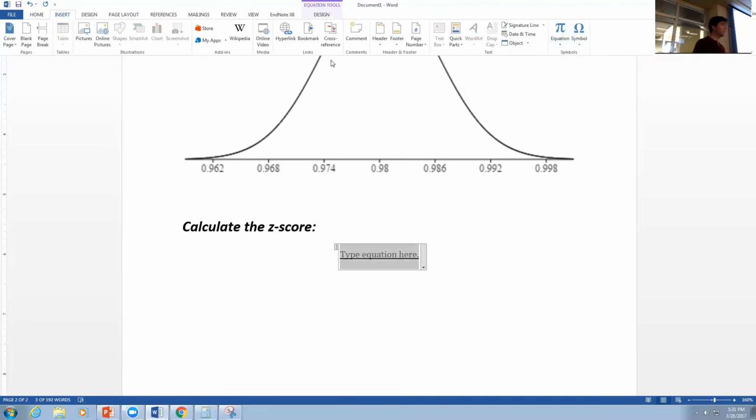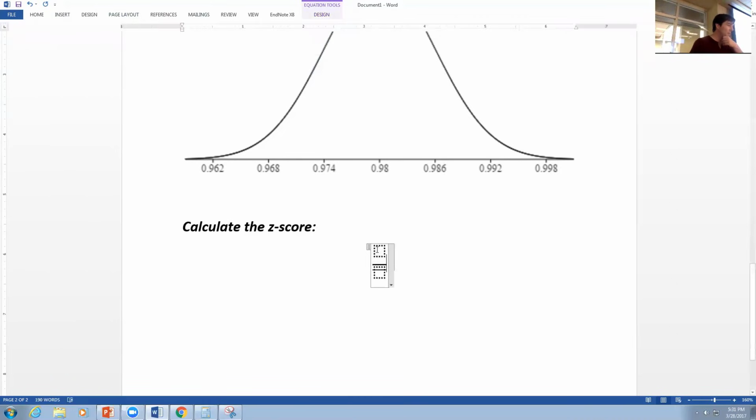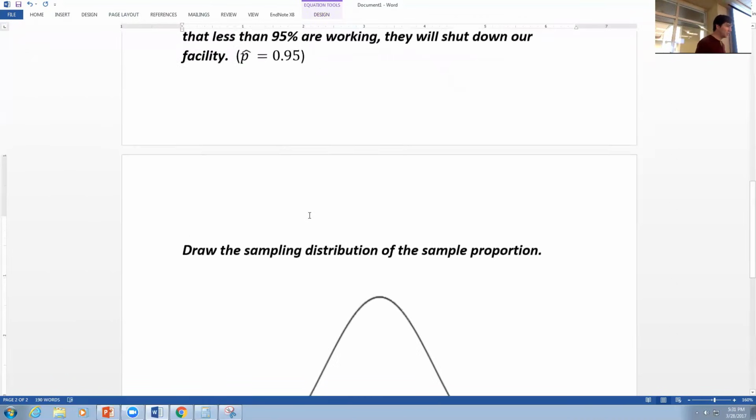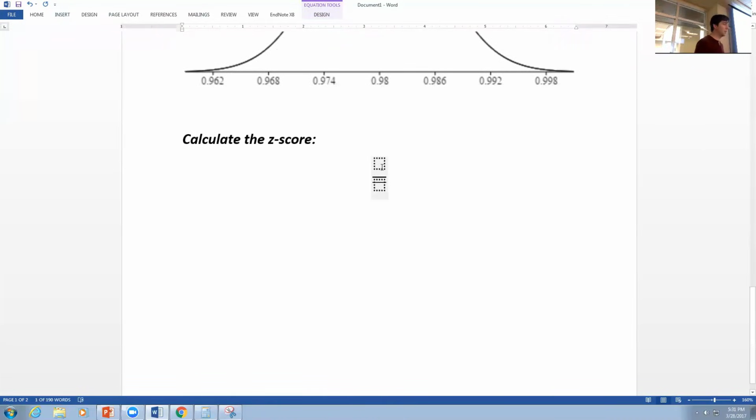I always say observed minus expected over standard deviation. And you just have to think, what did you observe? You have to kind of break it down. We observe in a sample p hat, because that's down here. Look at what's at the center: p.